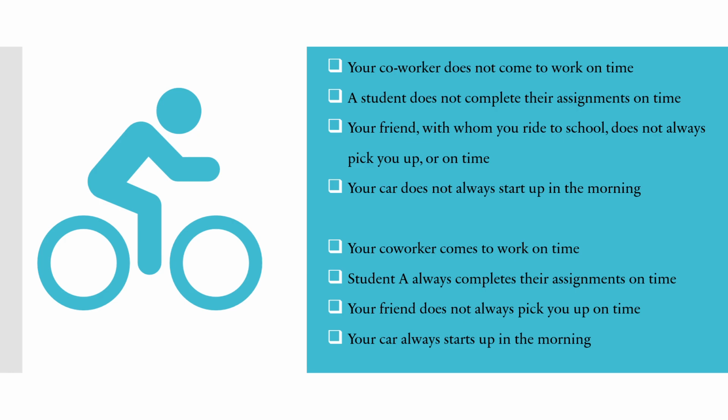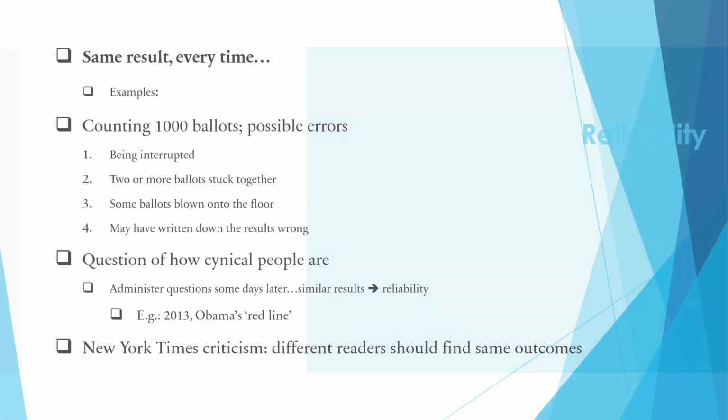So there are threats when we do these social experiments. We talked about how if you're counting 1,000 ballots, there could be factors that interfere with the count. For example, if you're interrupted and you have to go back to start counting again.